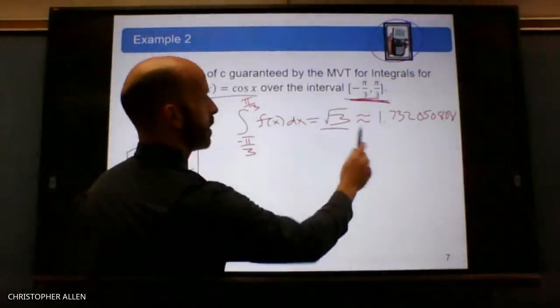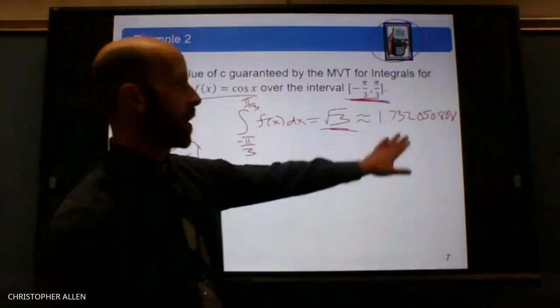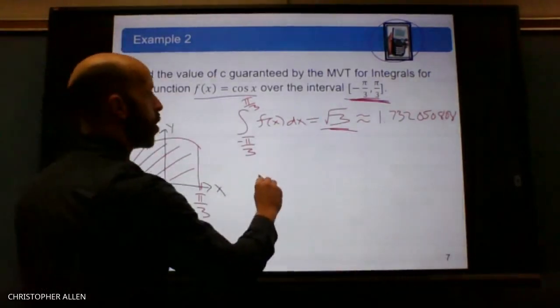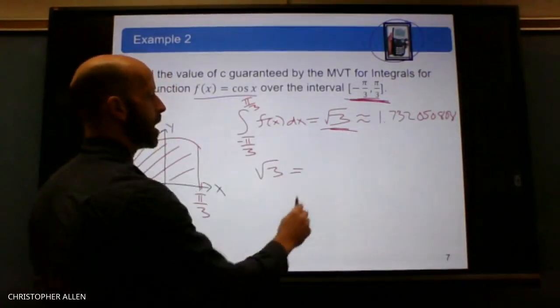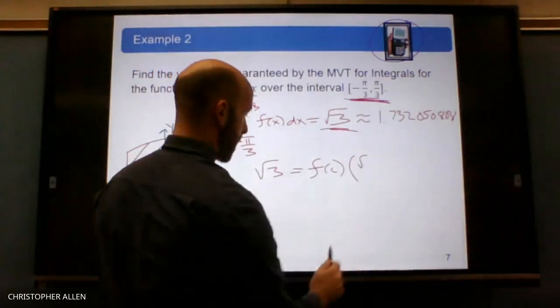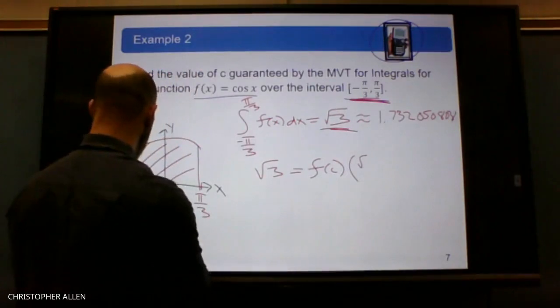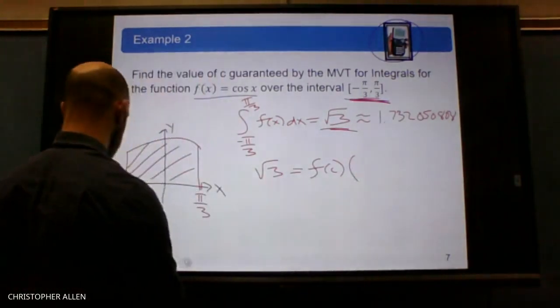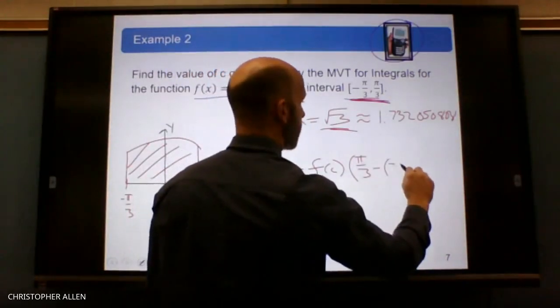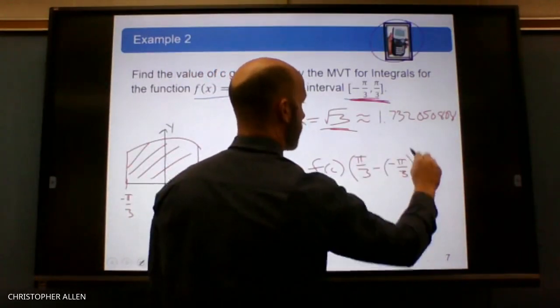Obviously, this answer's a little better probably, right? But this is very accurate, so that's fine. So now we need to say, when is the square root of 3 going to be equal to f of c times this, oops, not the square root there. That's going to be pi over 3 minus negative pi over 3.